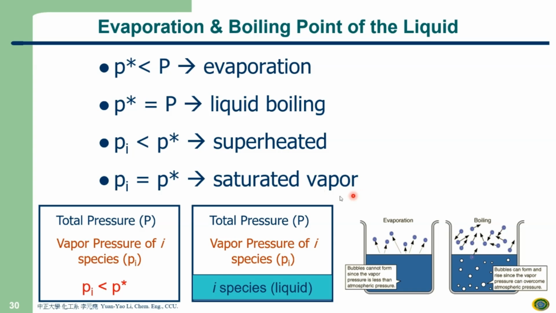You might ask, Professor, how about Pi equals Pi star and equals capital P? That's the boiling process reaching saturated vapor. So this gives you a rough idea about the relationship between Pi star and the capital P. Use your imagination to think of the relationship between these three pressures.